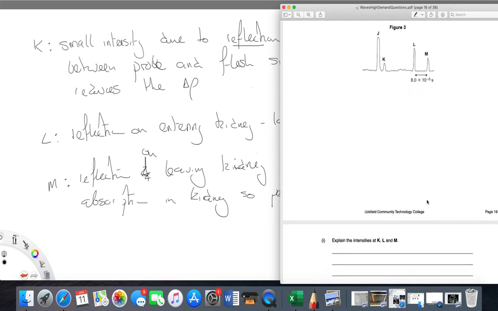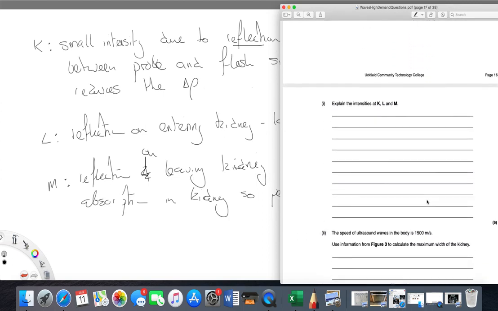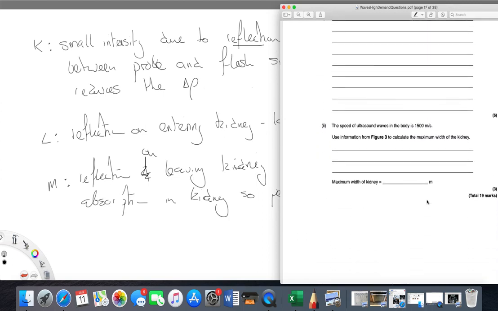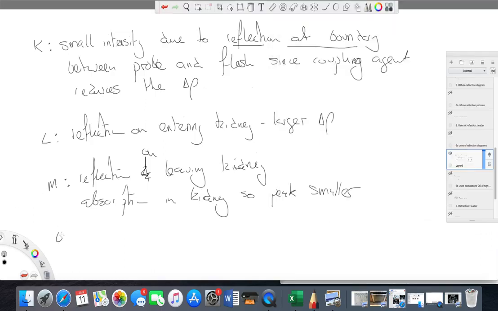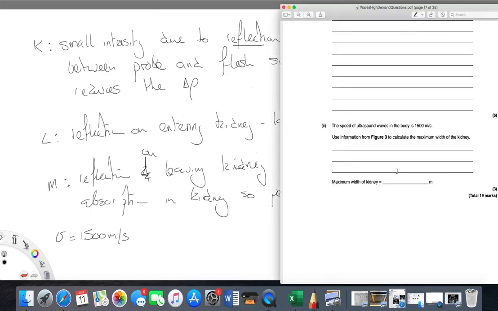The final thing then is the speed of ultrasound is 1500 meters per second. So we have speed is 1500 meters per second. And we're asked to work out the maximum width of the kidney.